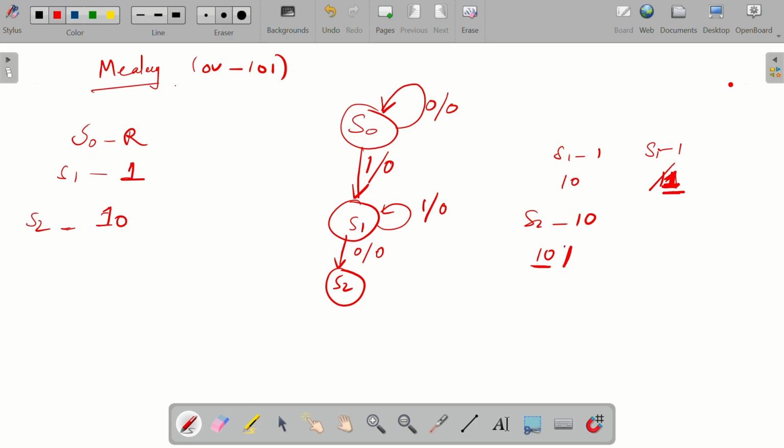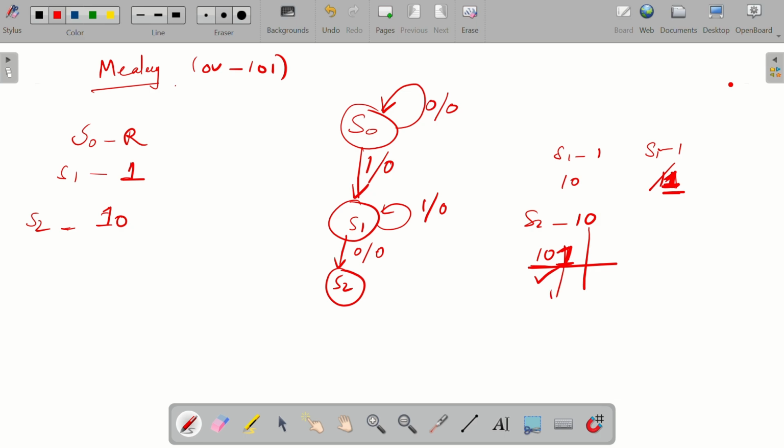The most important part comes here, because once you get a 1 here, your sequence is successfully detected. But since this is an overlapping case, I can leverage this 1 as the starting of my next new sequence. So this 1 should be considered as the first bit of your second sequence also.